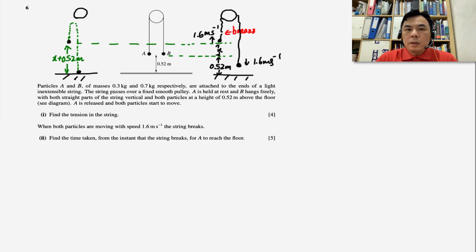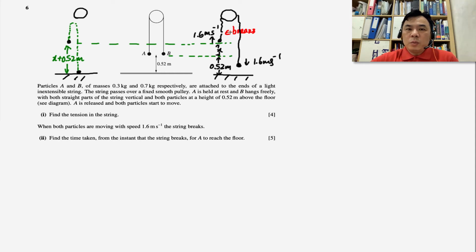All right, let's take a look at the second question here. When both particles are moving with speed 1.6, the string breaks. This can be shown by this diagram that I have drawn just now. You can see that when particle A moves up to a certain distance from where it started, its speed is 1.6.